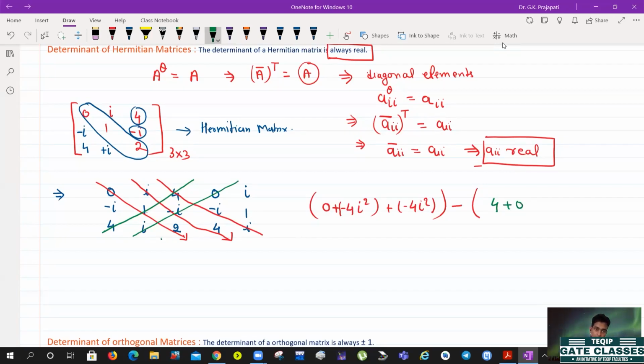And the third diagonal, the product of the elements of the third diagonal from the bottom: 2 into minus i into i, which means minus 2i square. We simplify it. If we simplify it, this will be 4 and this will be again 4, and here minus 4 and 2i square minus 2.